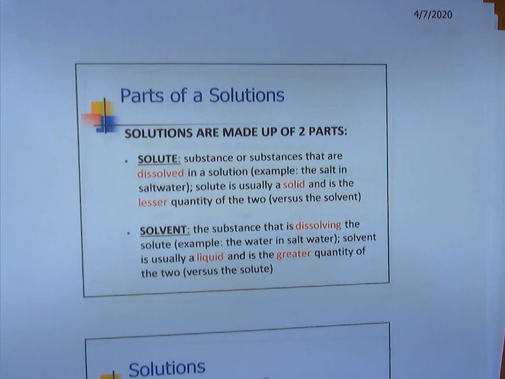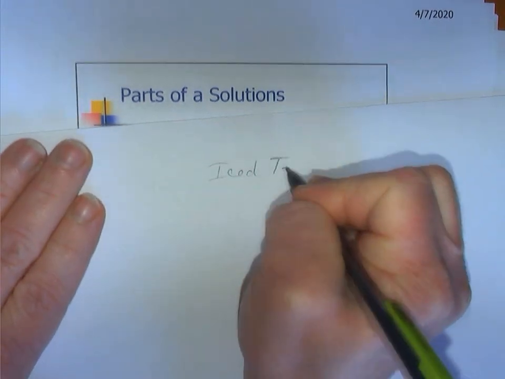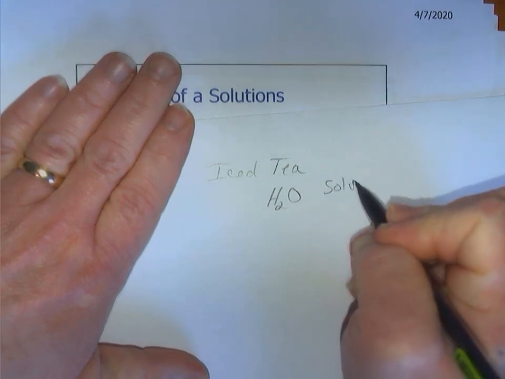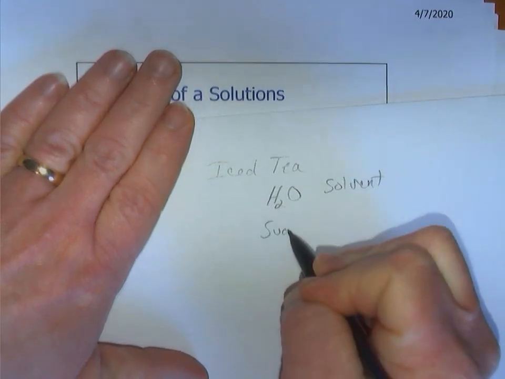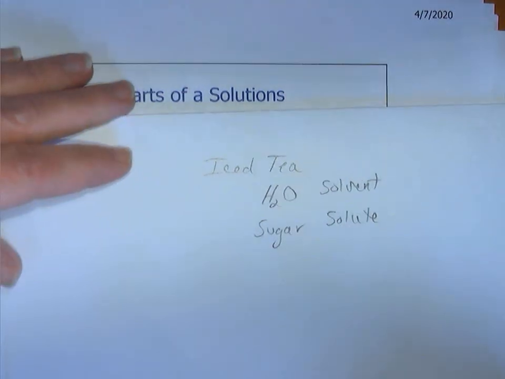The solute is what is dissolved. The solvent is what does the dissolving. So for the example of my iced tea, the water is the solvent and the sugar or sucrose is my solute. It is what is being dissolved.